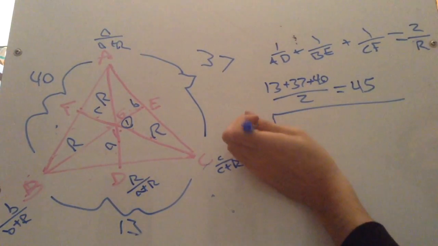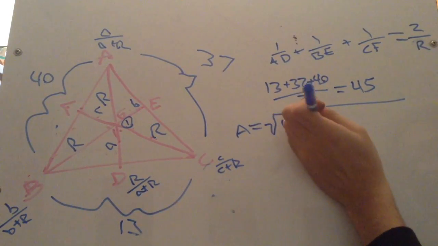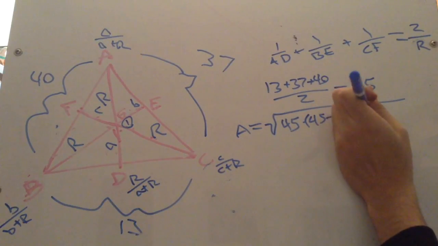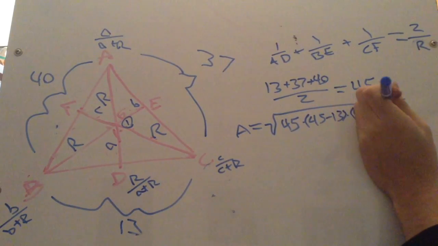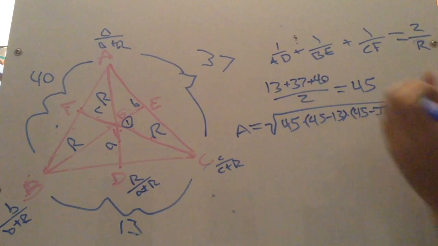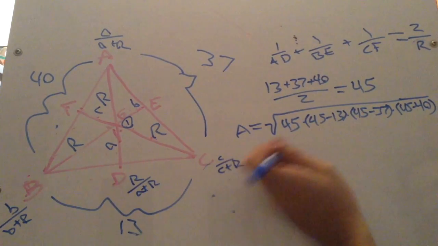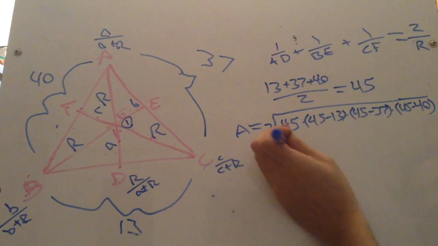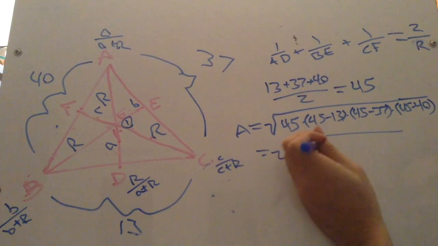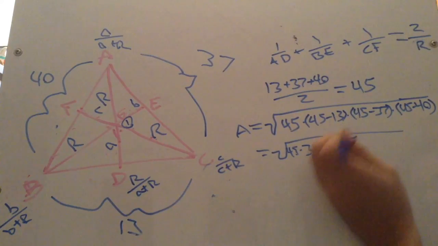Then the formula is that the area of our whole triangle is the square root of 45 times 45 minus 13 times 45 minus 37 times 45 minus 40. And we can simplify this stuff to 45 times 32 times 8 times 5.